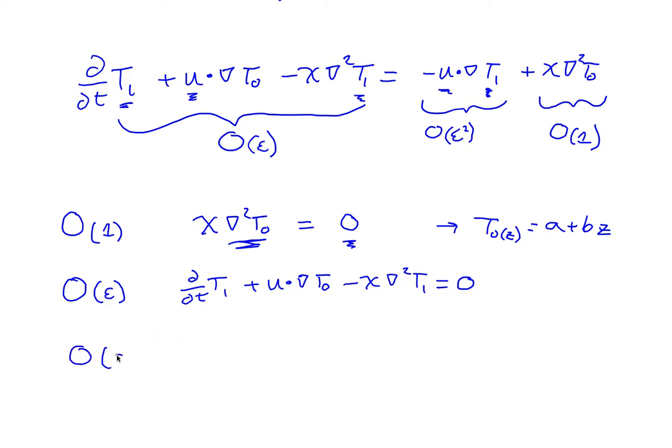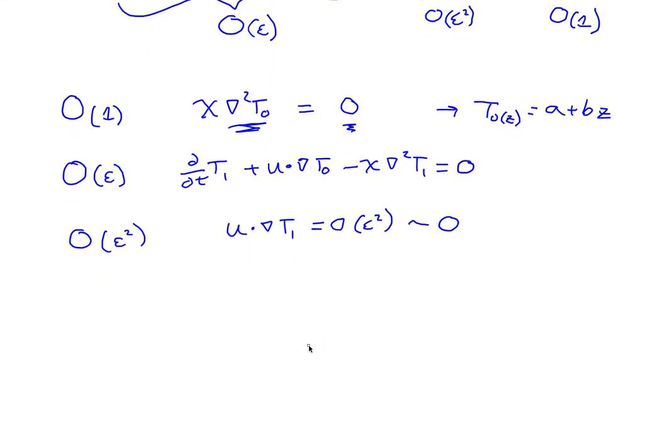What are our epsilon squared fluctuations? Our order epsilon squared fluctuations are that u dot grad t1, these are the only order epsilon squared terms in the system. And since epsilon is already tiny, this is considered to be 0. These terms are 0, and there's nothing to balance them.